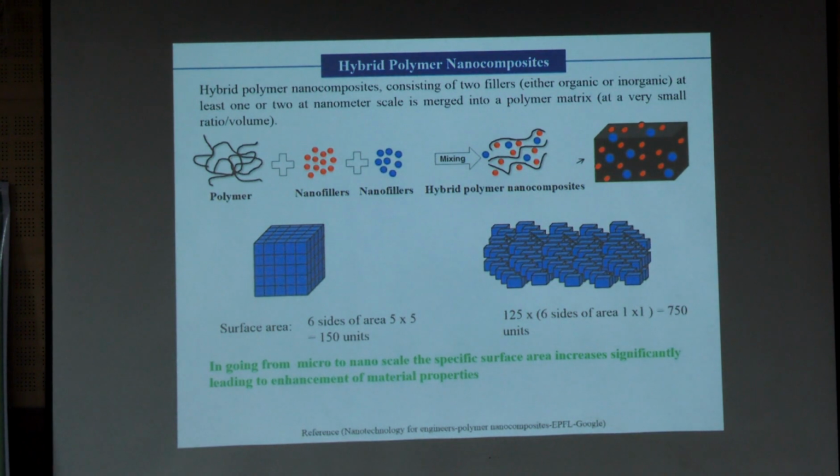So the overall load you are applying, or whatever the bonding between the nanoparticles and the matrix, everything is going to improve. So this significantly increases the enhancement of the material properties because of the increase in the surface area. Maybe that depends on the applications, right?